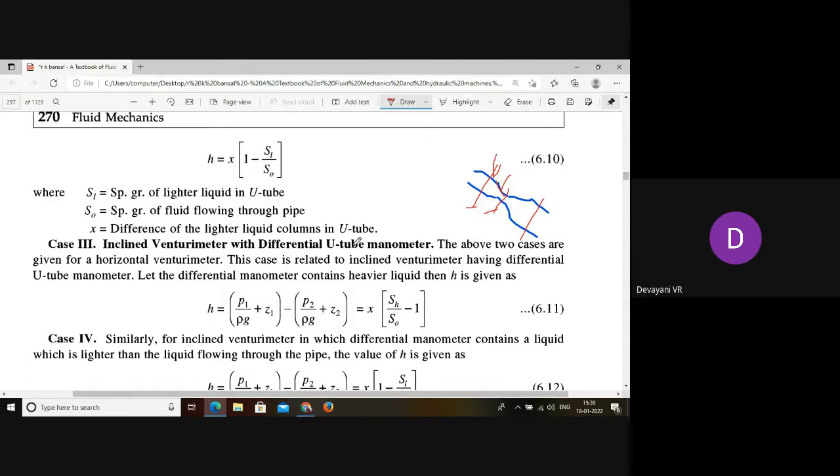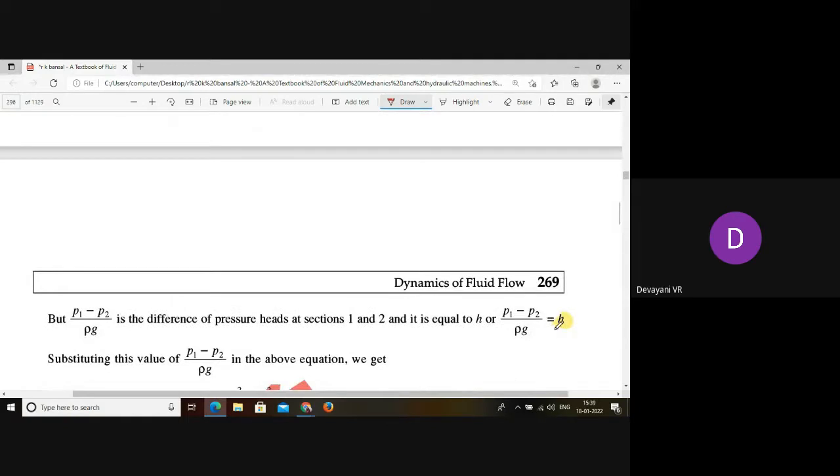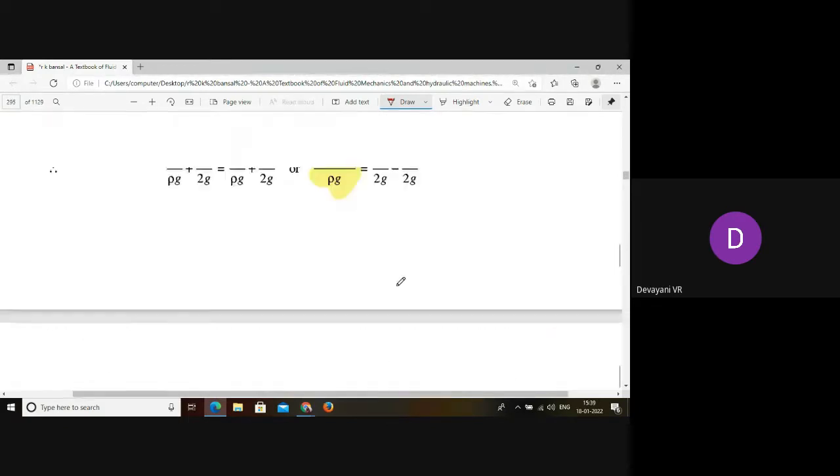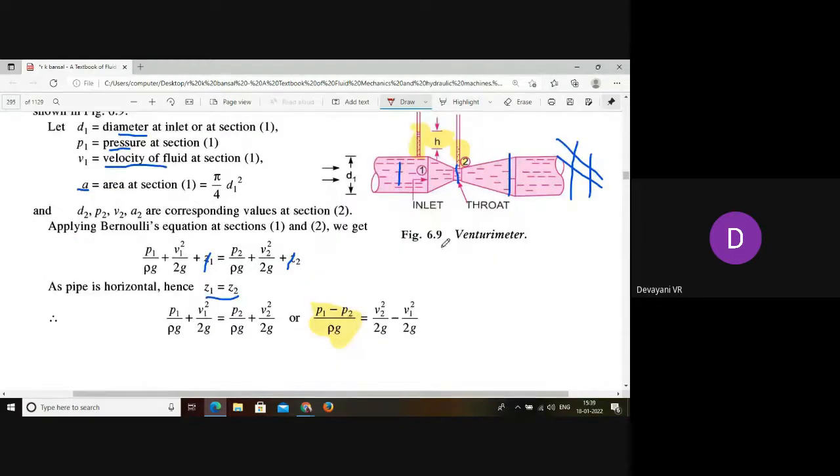Do you understand? Here, what is H in the horizontal case? It is just P1 minus P2 by rho g only. Why? Because Z1 and Z2 will get cancelled, isn't it? Because here the pipe is horizontal, so section 1 and section 2 are at the same level.